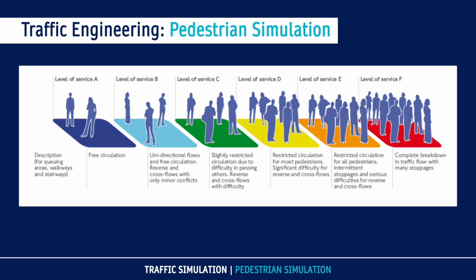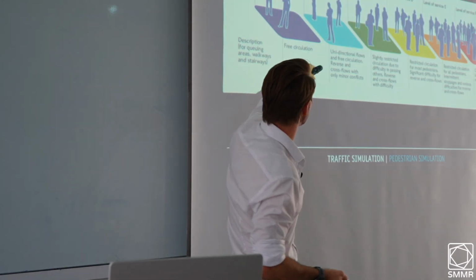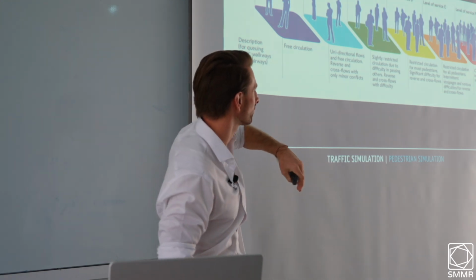So level of service is a way of showing how comfortable someone might be in a given infrastructure. If you're not in a busy place, your level of service might be A, if you can circulate freely.